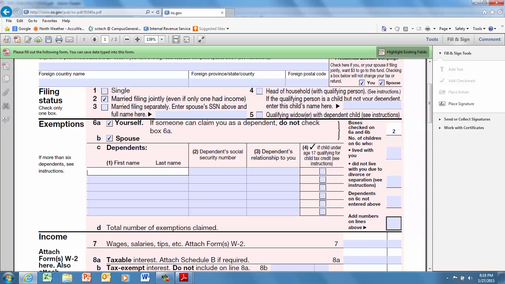Here's where we have the dependents, and this is where we're going to put Alicia. And then her Social Security number.